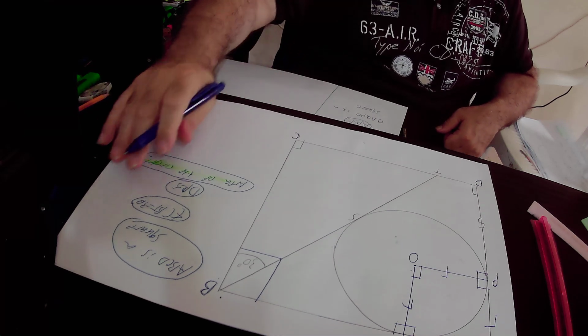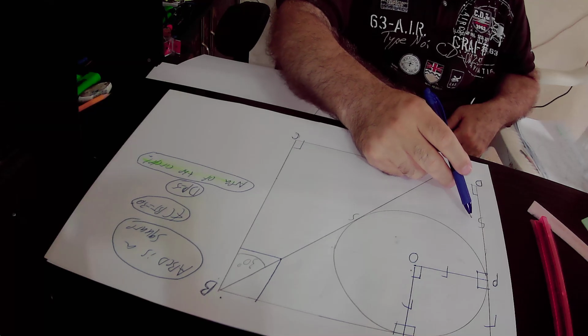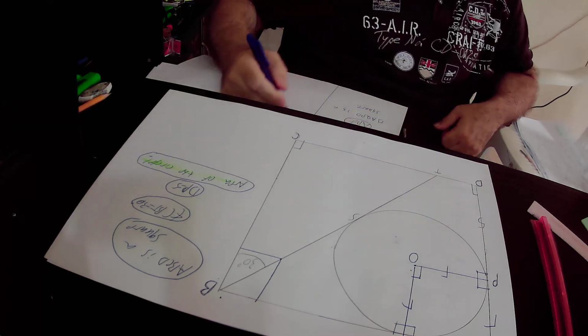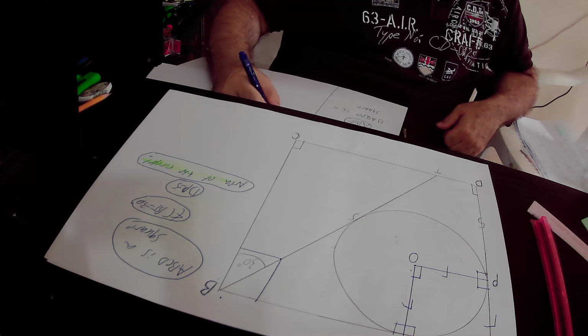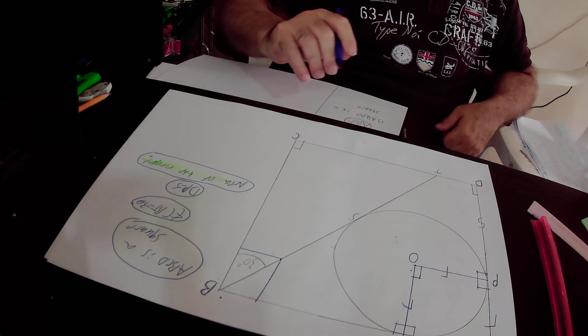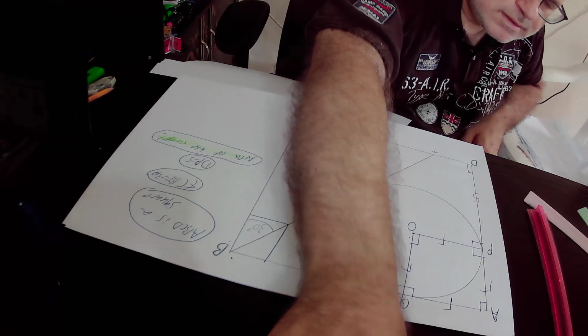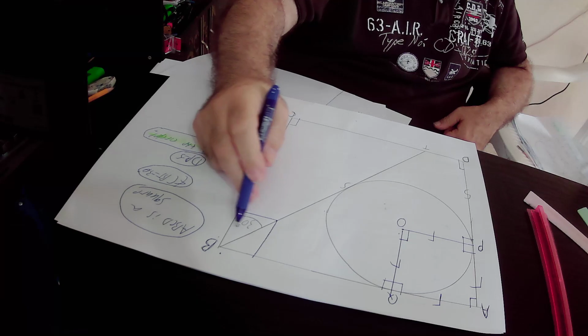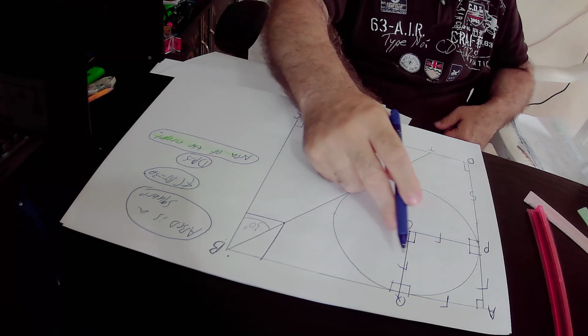From the drawing, it is very easy to see that AD equals 5 plus R. What is the length of AB? The length of side AB of square ABCD is equal to R plus QB.